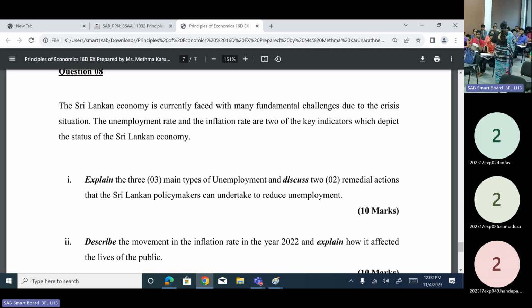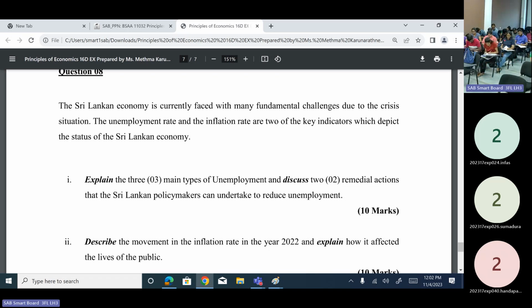This affected their productive time. You would have gone to office, done business and earned something, but you were standing in queues. So people's livelihoods got affected.